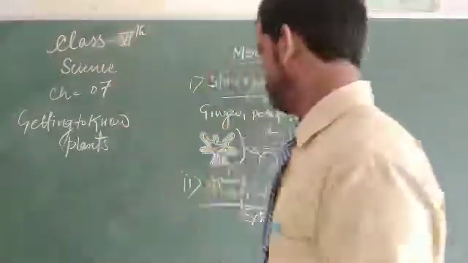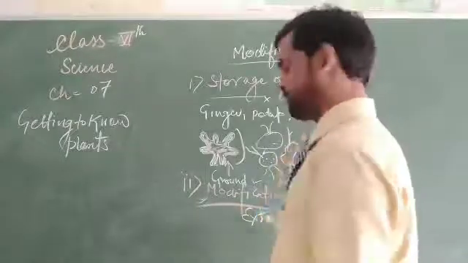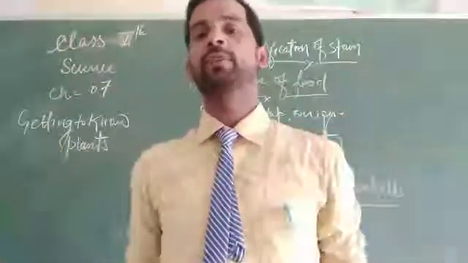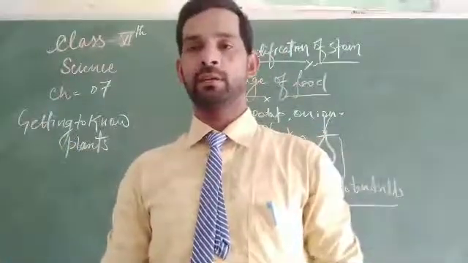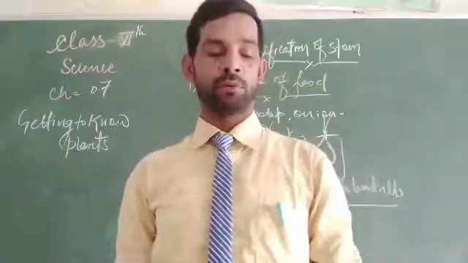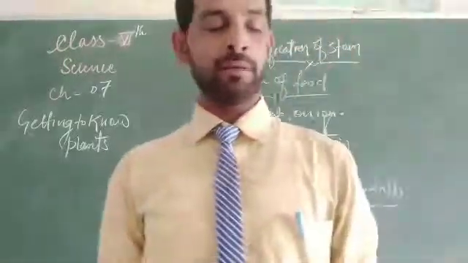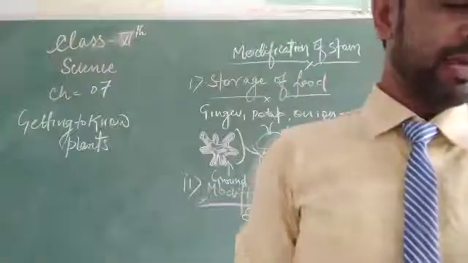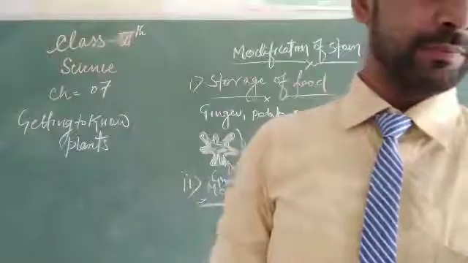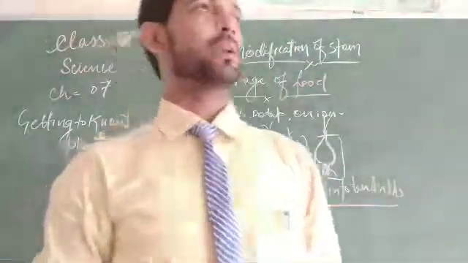You can see the modification of the stem in the form of tendrils, which gives very much support and helps the plant to climb upward. Thread-like coiled structures are found in grapevine or bougainvillea.